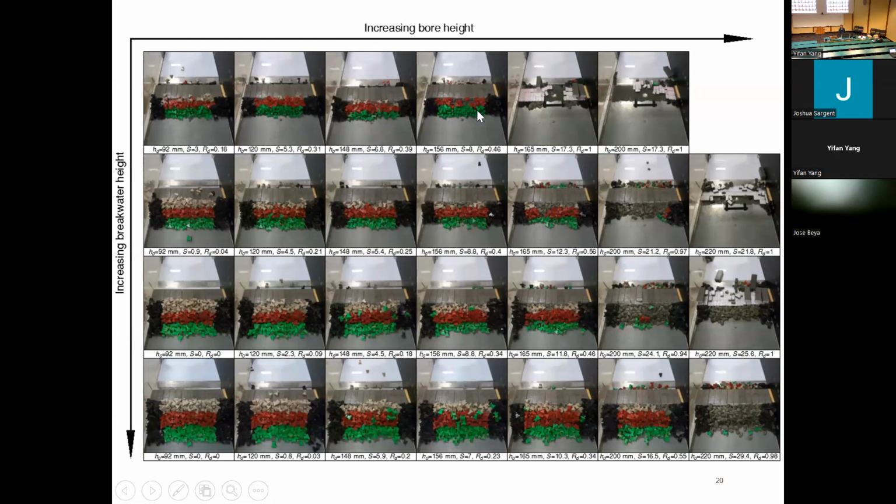If you think that's acceptable damage, the corresponding tsunami depth is 156 millimeters in the flume. Times 40, the scale, gives the real tsunami depth.